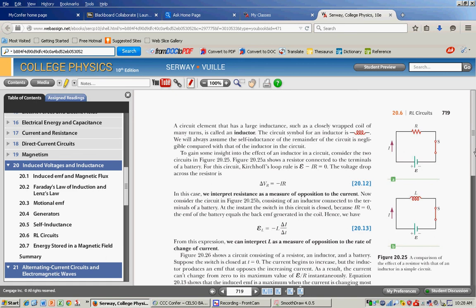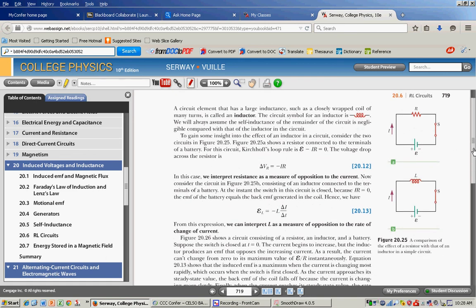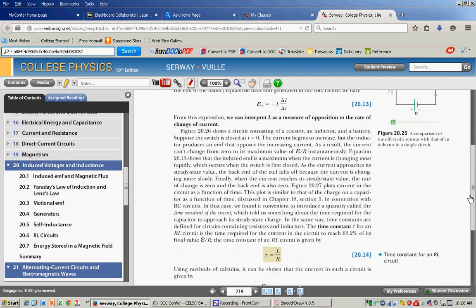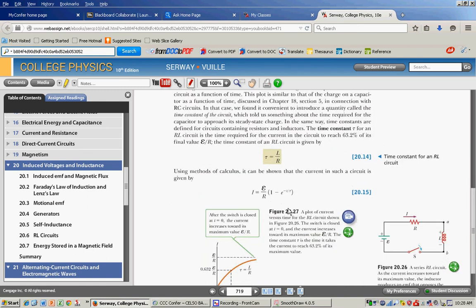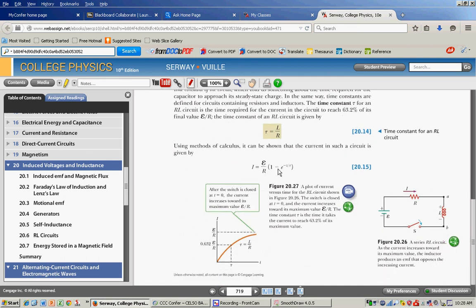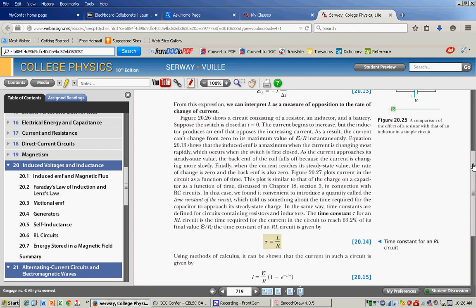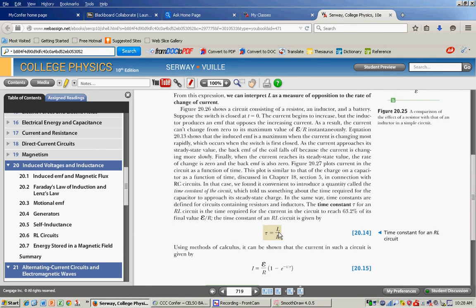And in a circuit, again, we will do problems in class after spring break. In the RL circuit, the solenoid or the inductor has the property of retarding the growth of current, basically.